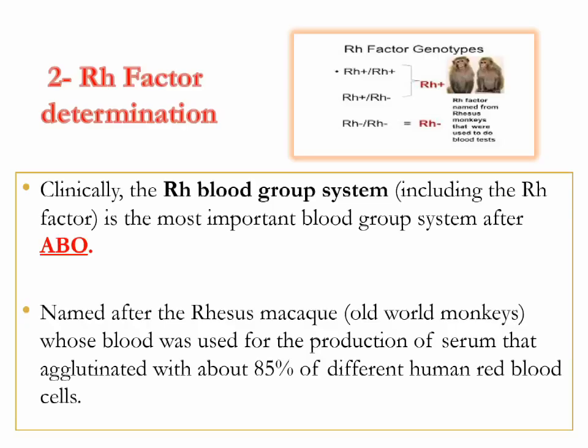So we are done with the first system, which is the ABO system. The second system we're going to talk about for the determination of the blood group is the Rh blood group system. And this depends on the Rh factor, or we call it the rhesus factor, a synonym of which is the D antigen.